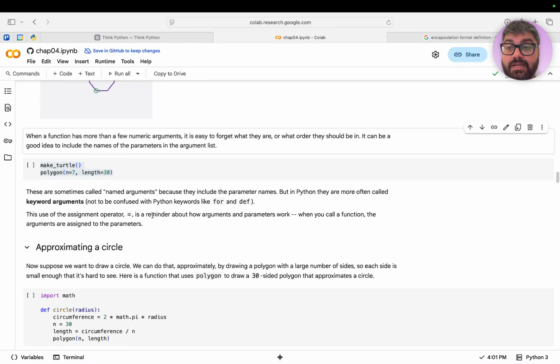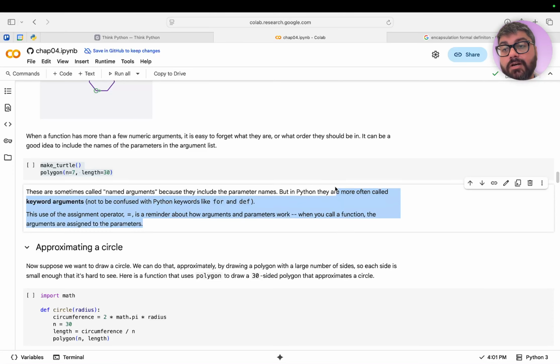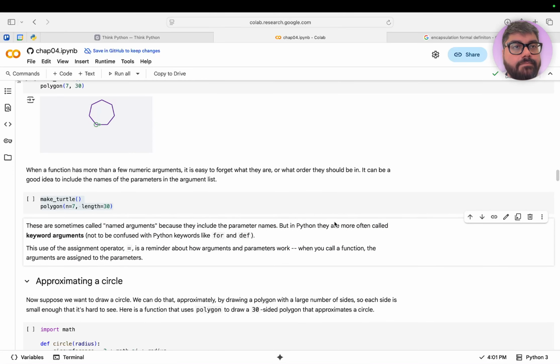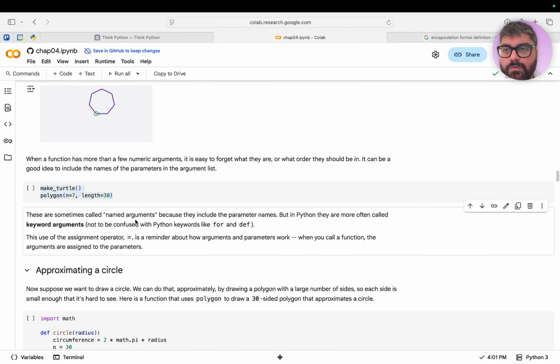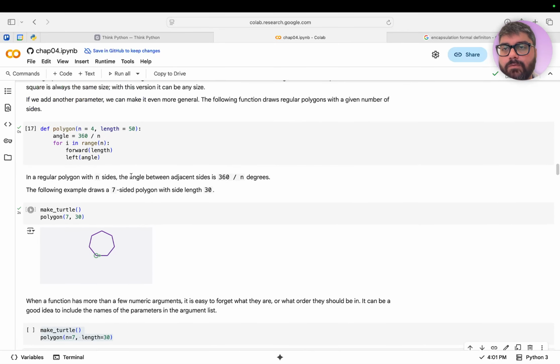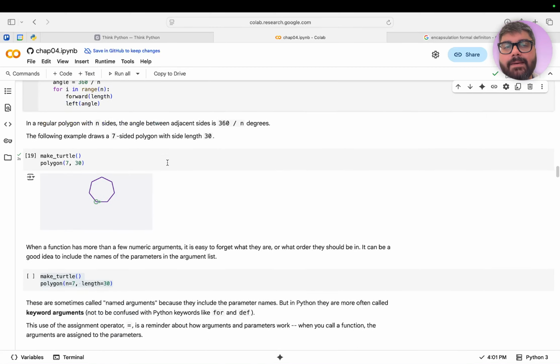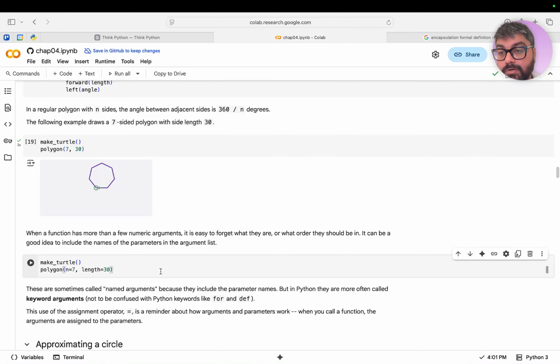This use of the assignment operator equals is a reminder about how arguments and parameters work. When you call a function, the arguments are assigned to the parameters. Okay, so yeah, essentially we can pass arguments in as keyword arguments.